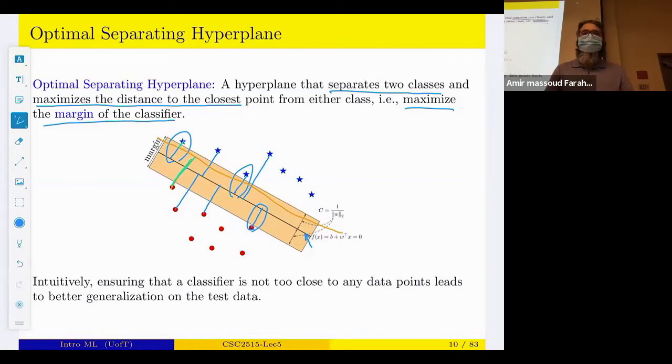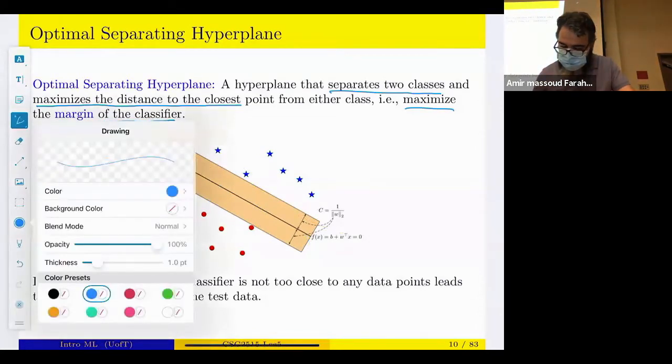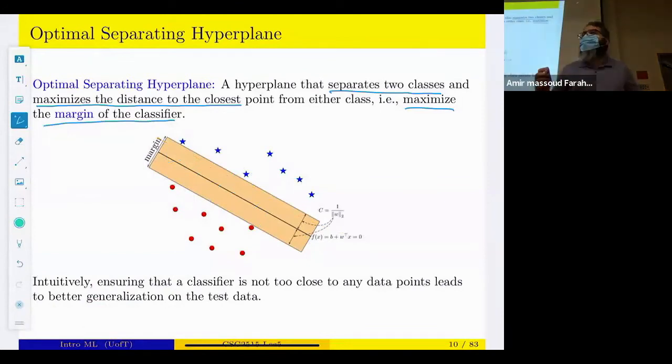And the intuition why this is the case is something like this. Suppose we have some other data points that we haven't seen, but it's coming from the same distribution, class -1 and class +1.